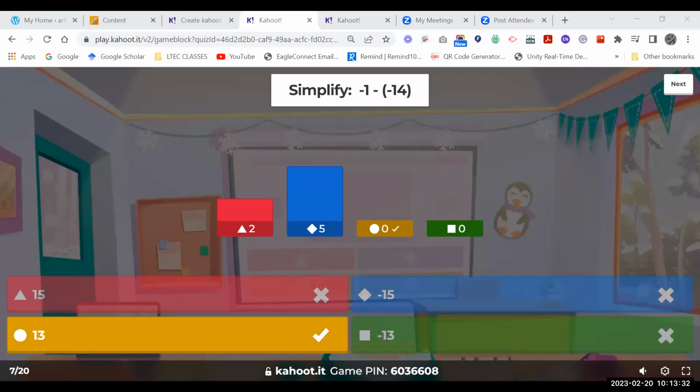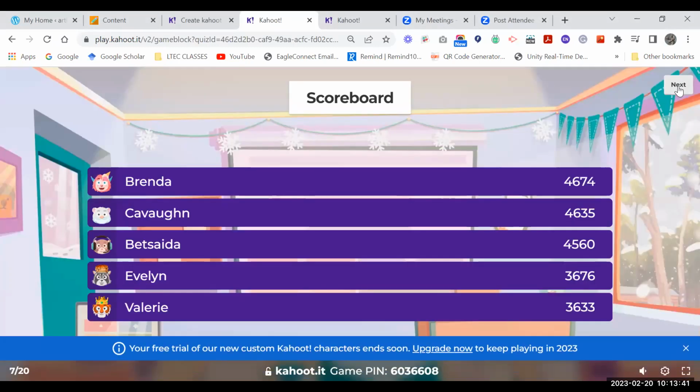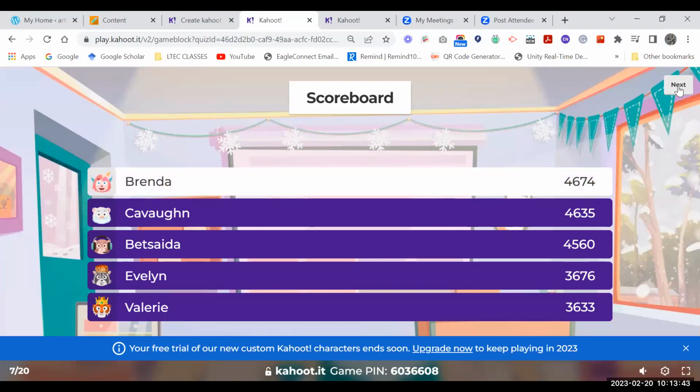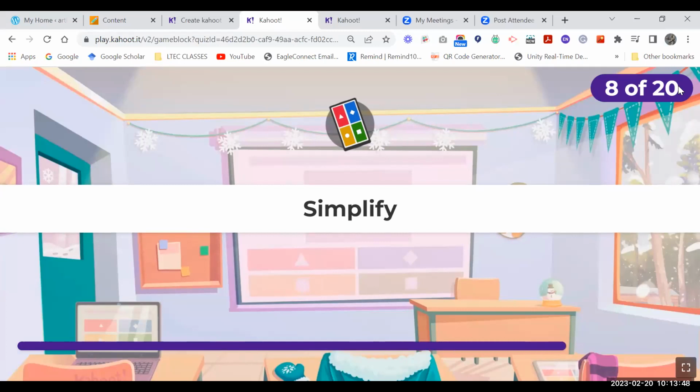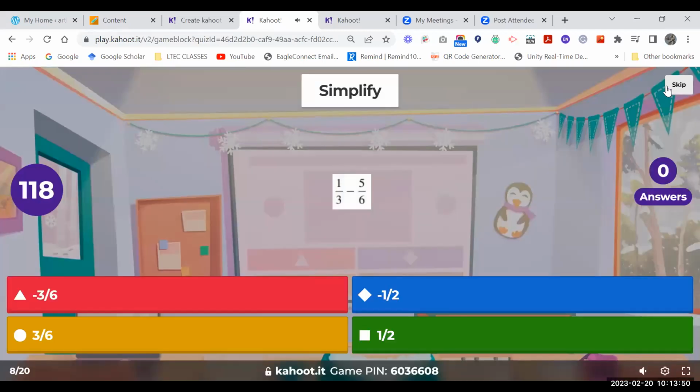The rules, the procedures always have to remain the same. I got 15. Negative 15. I don't know what it was. It's another fraction.